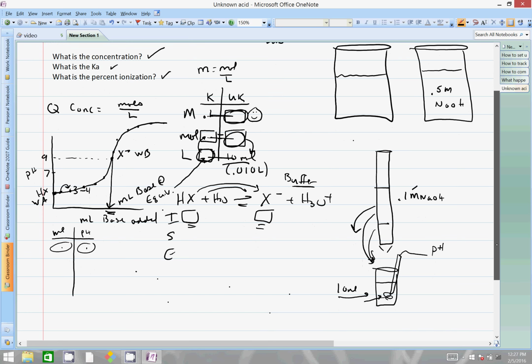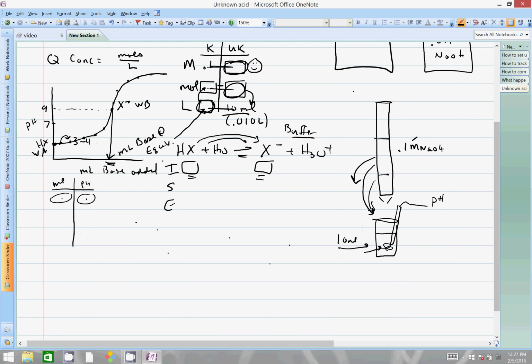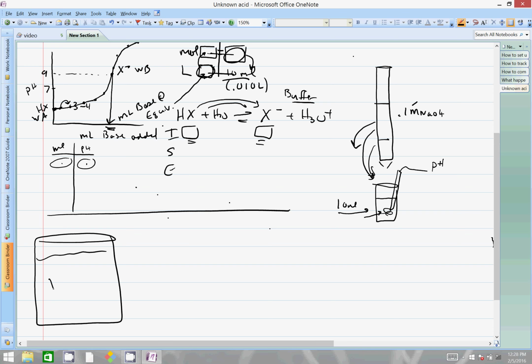Okay, now what about the Ka value? I'm going to just start this a little lower here. You should be aware that we start out right at the beginning of our titration with just a beaker full of HX.